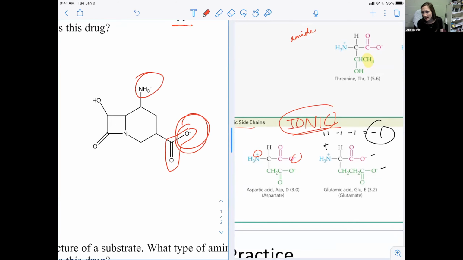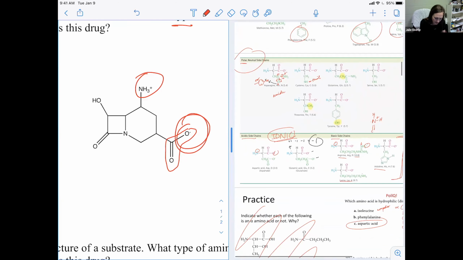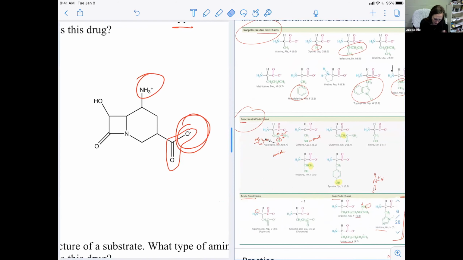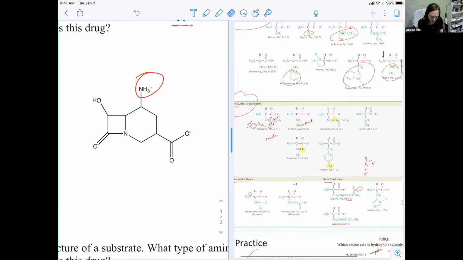Remember, opposites attract. We've got 5 amino acids at the bottom of this table. If I had to pick one to interact with this negatively charged oxygen right here, which one would you pick?